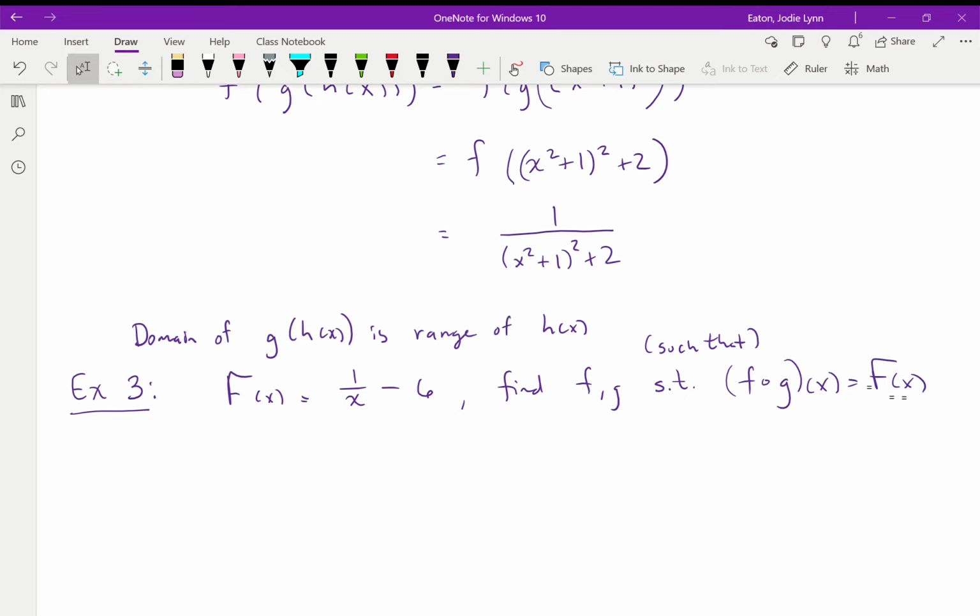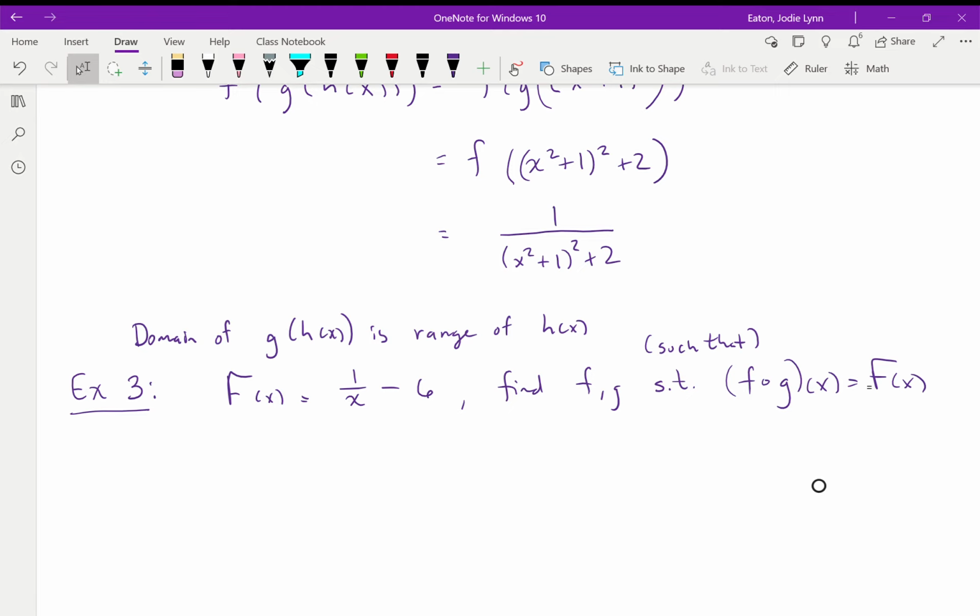So we want to take our f of x and break it down. We'll leave that little equal sign in there. It's not going to hurt anything.